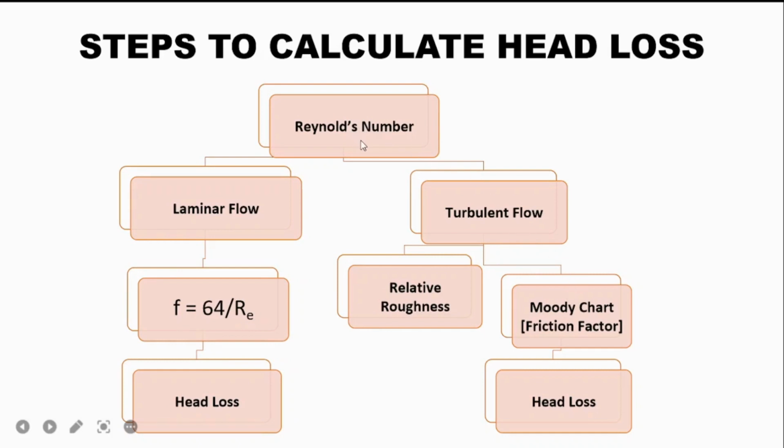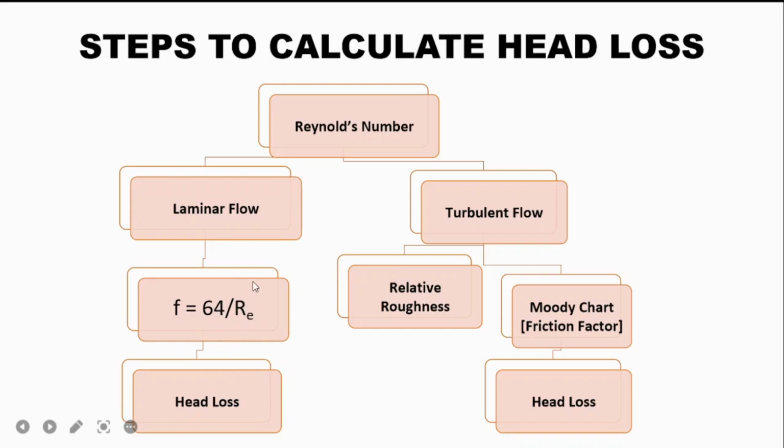If the flow is turbulent, the next step is to find the relative roughness. Then you find the friction factor from the Moody chart. Then afterwards, you can find the head loss. But if the flow is laminar, you use this formula to find the friction factor for the flow. Afterwards, you find the head loss.